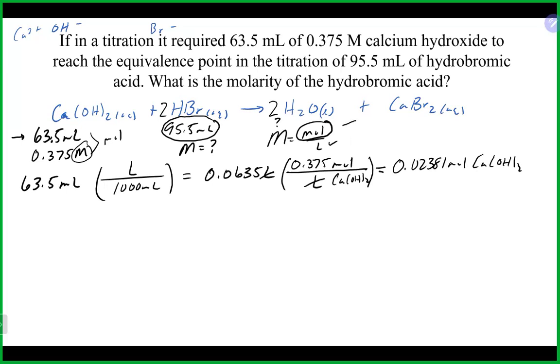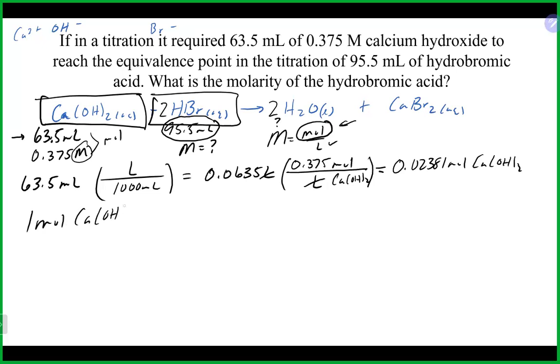Again, we're ultimately looking for the HBr, so this is the stoichiometry part of the calculation. We're going to go to the equation there and find our relationship, and we can see that 1 mole of calcium hydroxide gets us 2 moles of hydrobromic acid. So using our number from our top calculation there, we're going to do the stoichiometry part here.